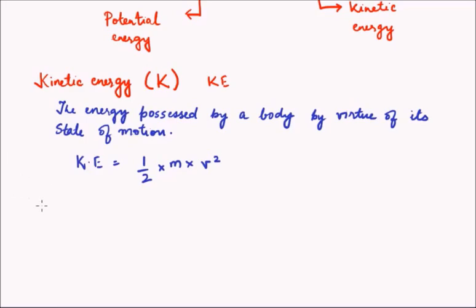So the initial velocity is 0, the final velocity is v, and we apply a force which is equal to mass times the acceleration. Now this force will do a certain amount of work on the body during the period in which it goes from an initial velocity u equal to 0 to a final velocity v. What will that work be?